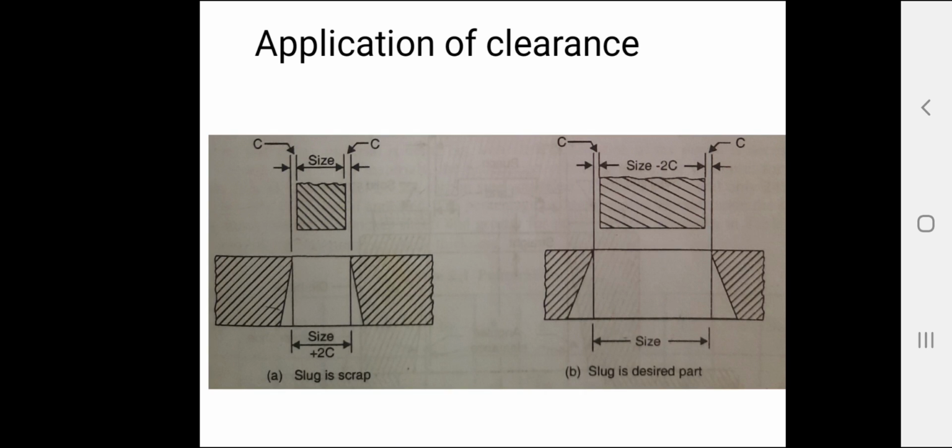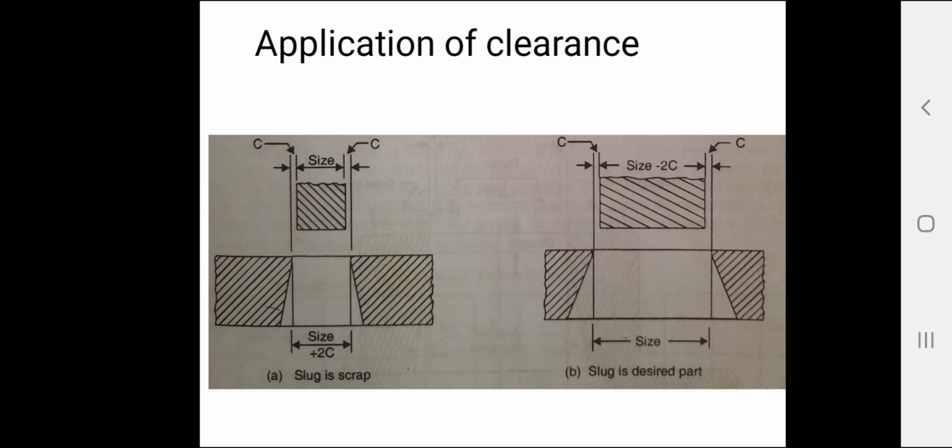Now, the clearance is a function of the kind, thickness, and temper of the work material. Hard material requires larger clearance than soft material, the exception being aluminium. The usual clearance per side of the die for various metals is given.